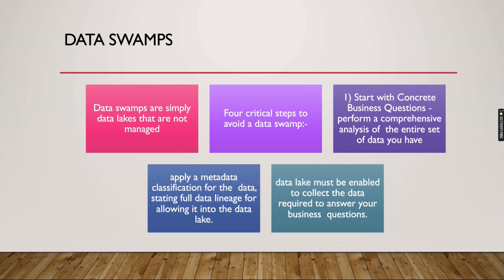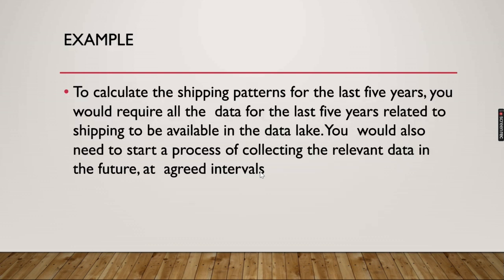Four critical steps to avoid a data swamp. Start with a concrete business question. Perform a comprehensive analysis of the entire data set we have. Apply a metadata classification of the data, starting full data lineage before allowing it into the data lake. That means we have to trace the entire history of the data set, and the data lake must be able to collect the data required to answer business questions, so that we can make it more useful.